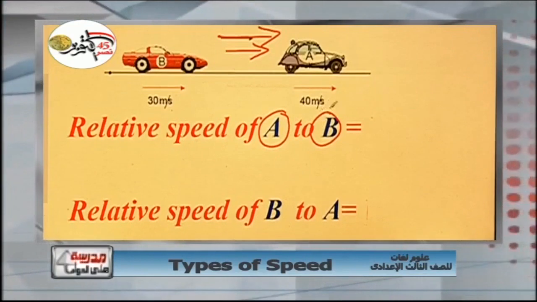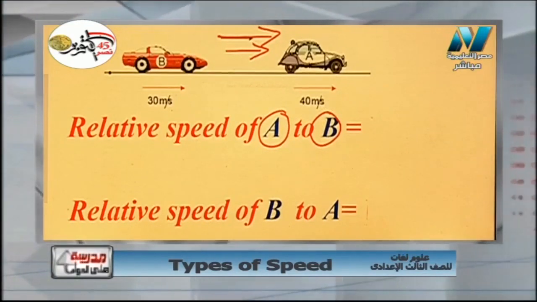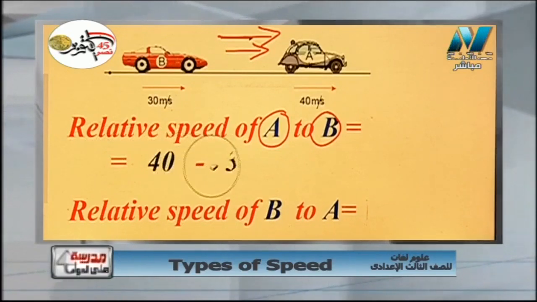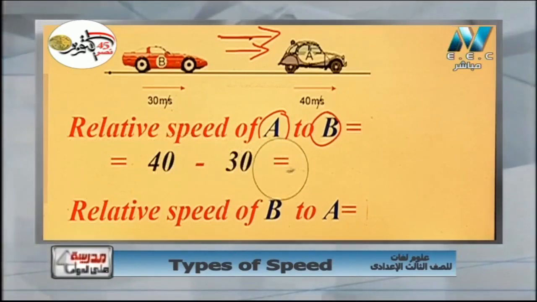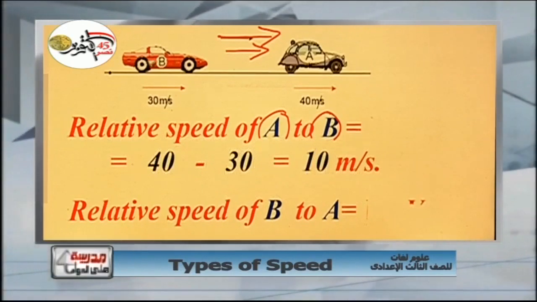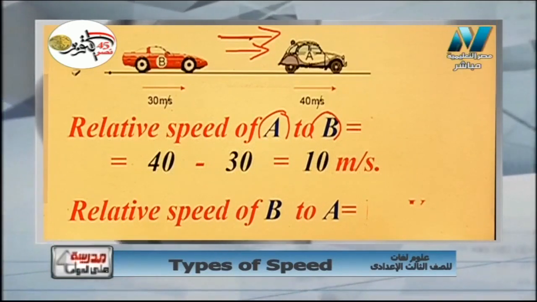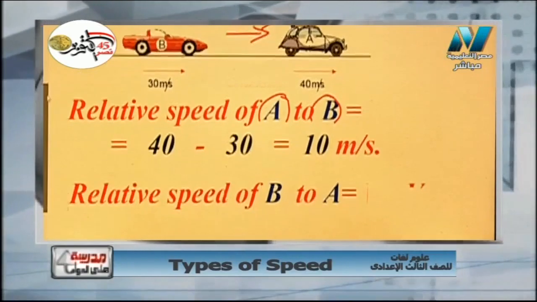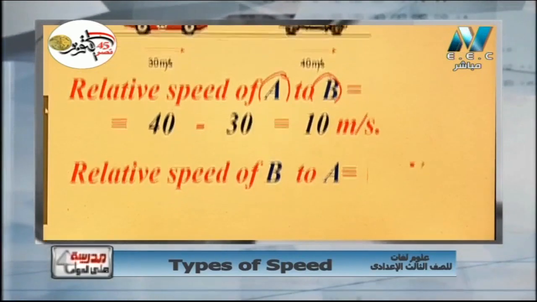So VA minus VB, so 40 minus 30 equals 10 meter per second. The speed of A relative to speed of B, if they are in the same direction.